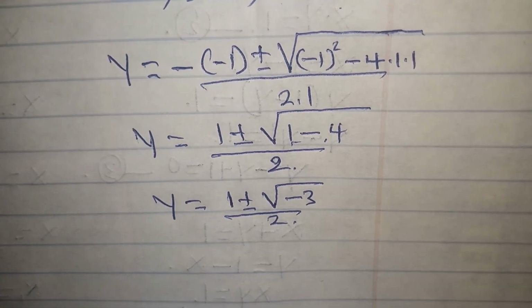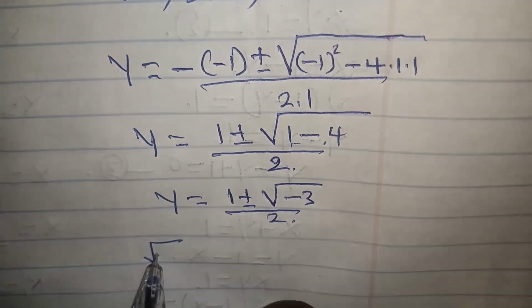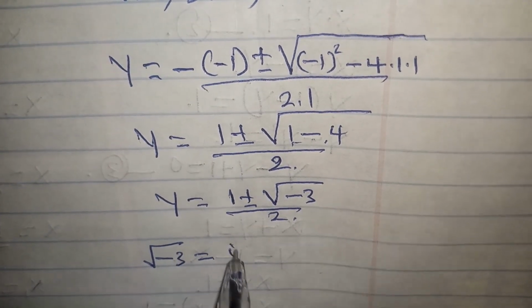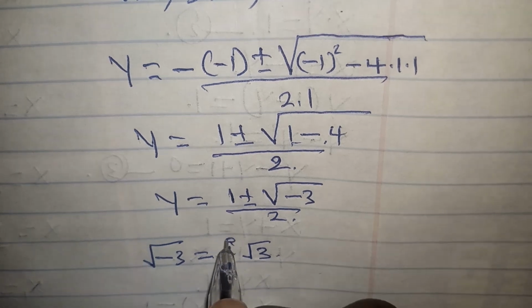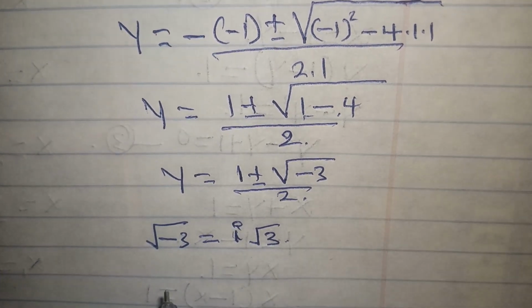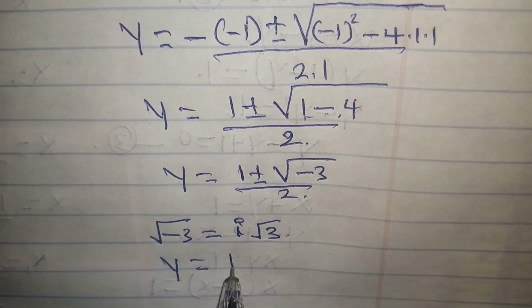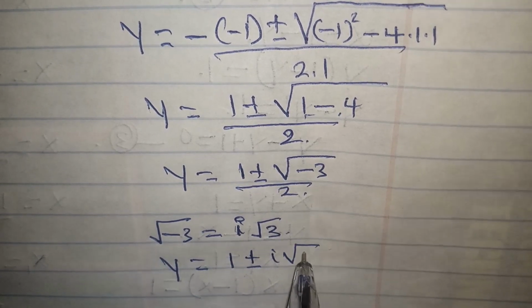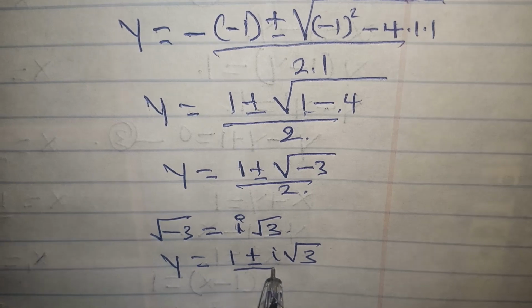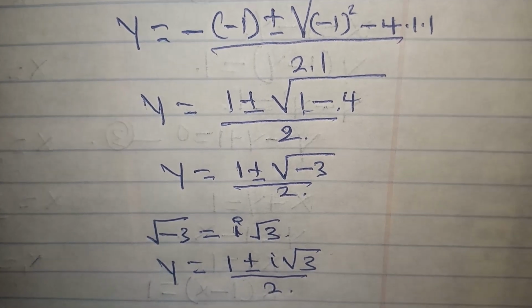And recall, I said the root of minus 3 is also equal to i root 3, where i represents the imaginary number. So we can say y is equal to 1 plus or minus i root 3 over 2.